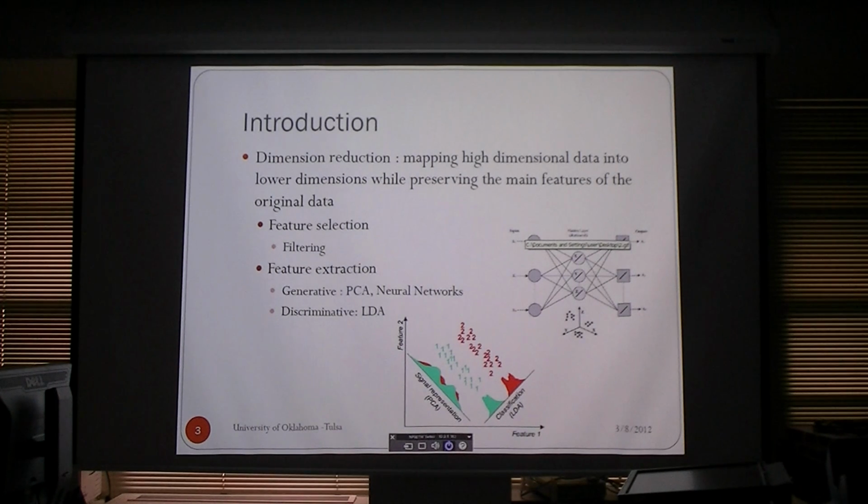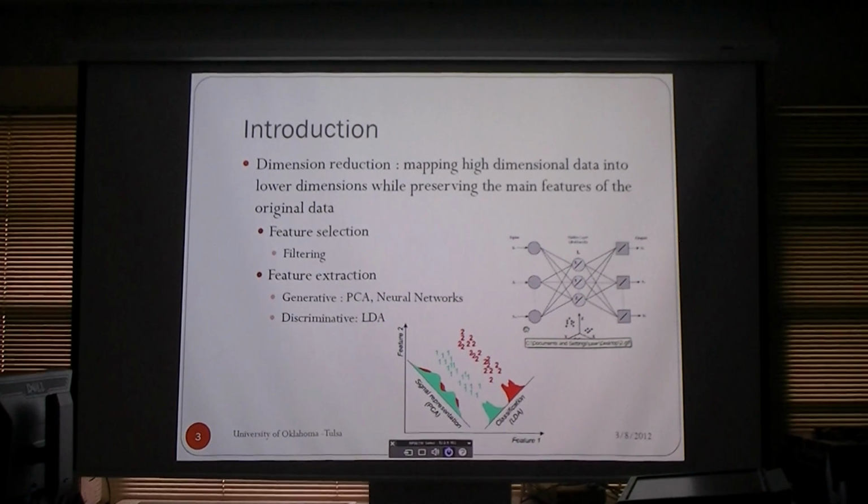the purpose is to find some lower dimension data that can preserve the features of the high dimension data. For example, here in this picture, this is a neural network that can be used for dimension reduction. The input data is our original data, and the output also is the original data.